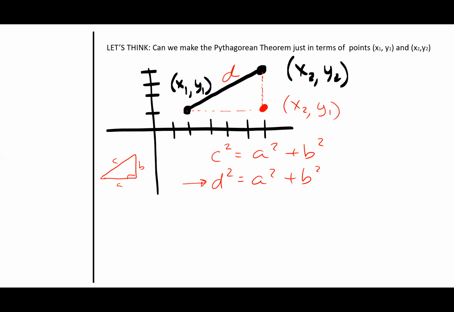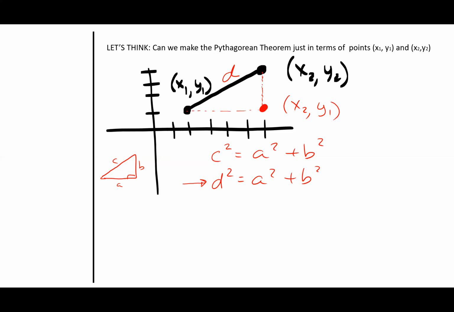Okay, real quick. d can stay, because d stands for distance. Somehow I need to get rid of a, so a is just in terms of x's and y's, and I don't know which x's and y's. You have to determine that. And then b, get rid of b. It should be in terms of x's and y's. I can give you a hint.